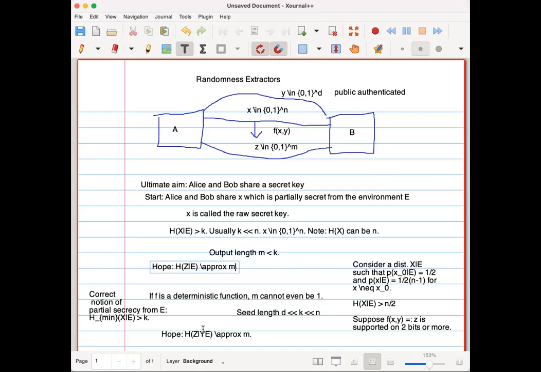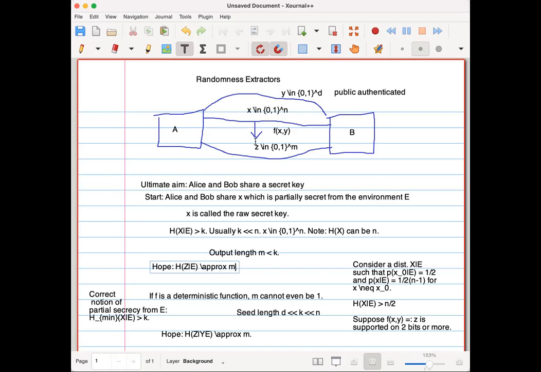So I want to avoid situations like this. This is what is called composability. I want the output of this protocol, which is Z, to be used as input to later cryptographic protocols without any problem. The later protocols can pretend that they're getting a perfectly uniform Z independent of everybody else, so the analysis can proceed on that assumption.